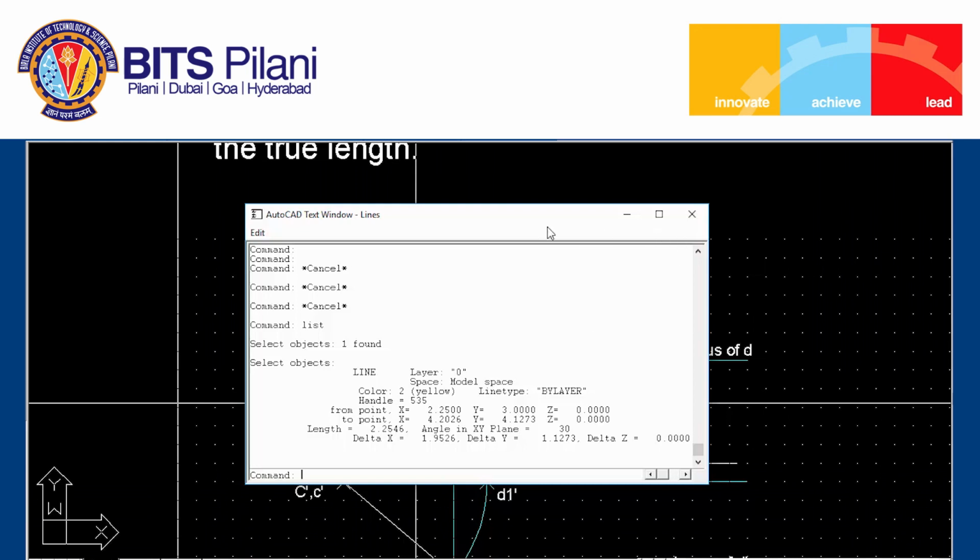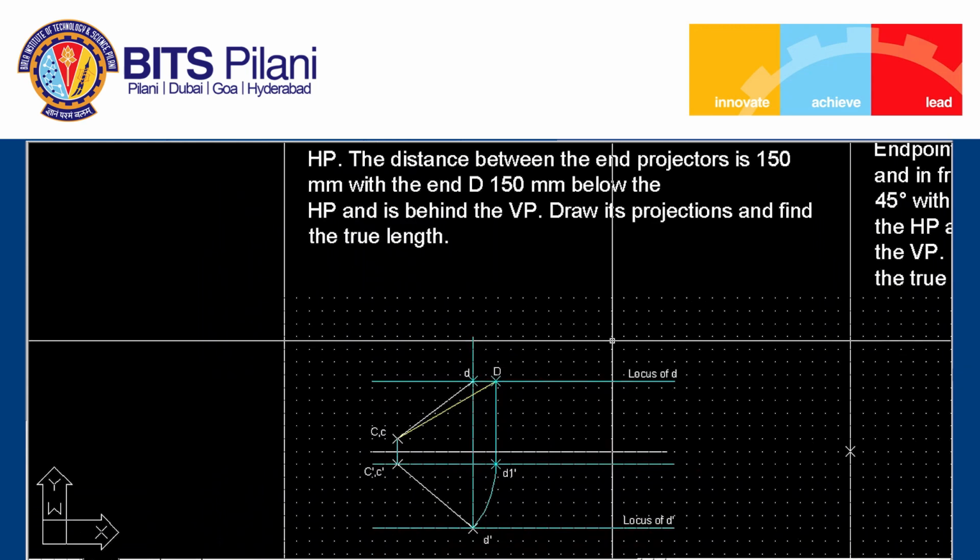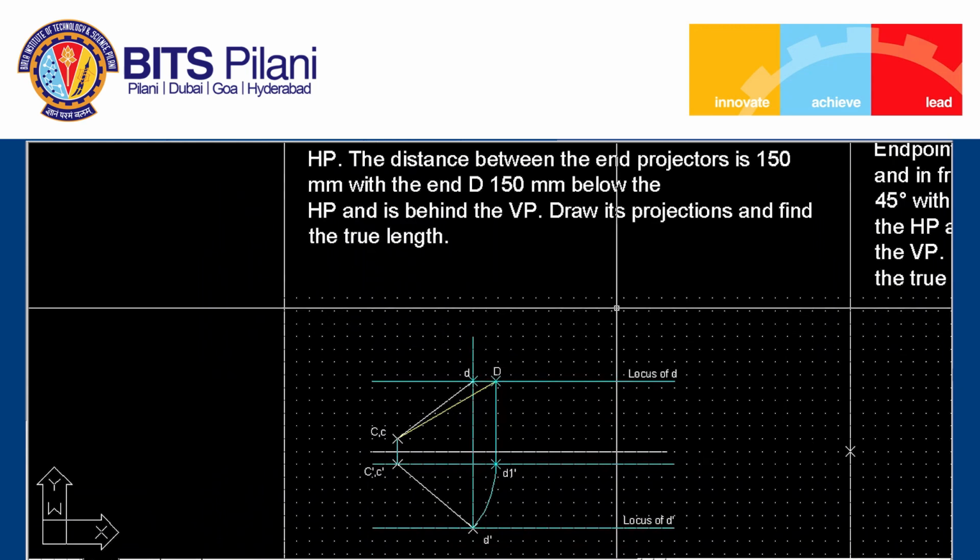we will get 225.46 millimeter. So in projection of lines, we will write the answers in a separate box. So I can write the true length TL, simply I can write TL, which was equal to 225.46 millimeter.